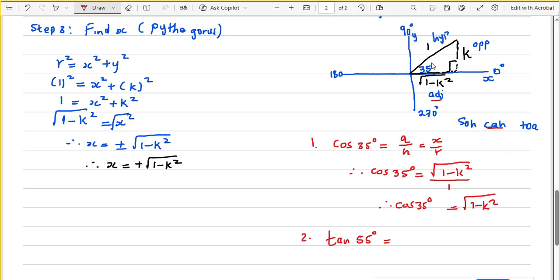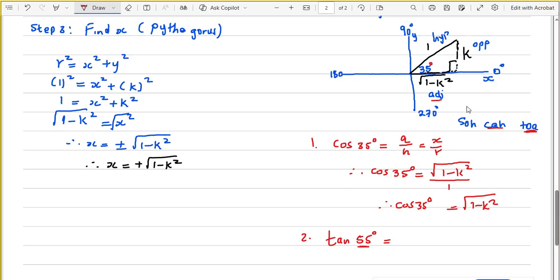How can we find the tan 55? Perhaps we can use the rules of tan, like saying opposite all over adjacent. Yes. But we can look at this. The angle is 35. We can do that if we have the angle of 55. How can we form that 55 angle in that triangle?